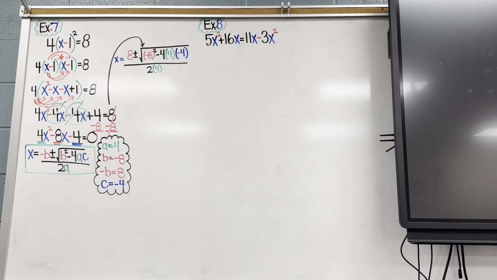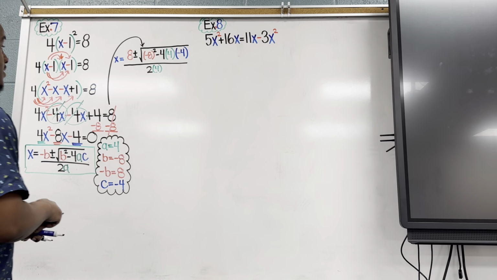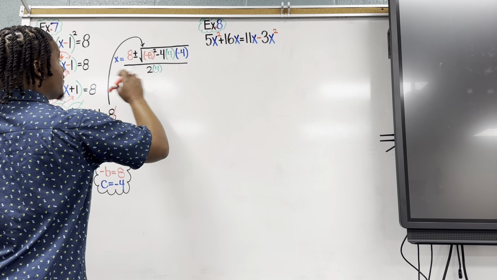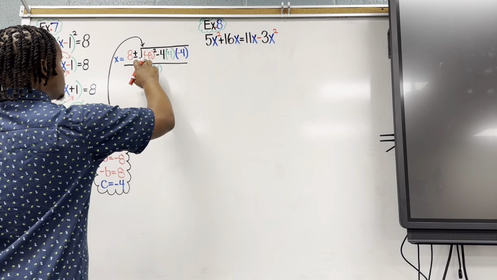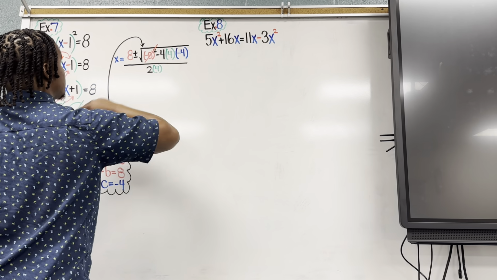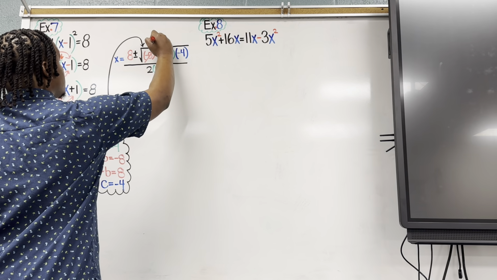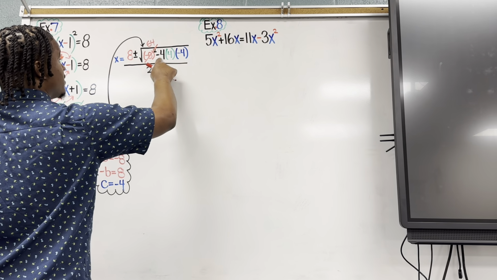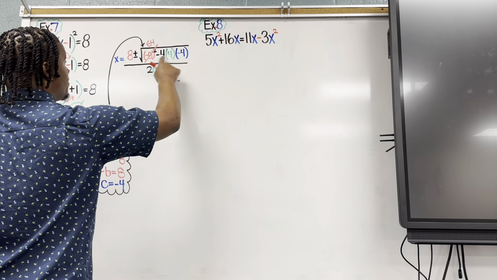Okay, so let's start simplifying things. Negative 8 squared is actually a positive 64, because negative 8 times negative 8 is a positive 64. I'm multiplying two negatives, so those turn into a positive.